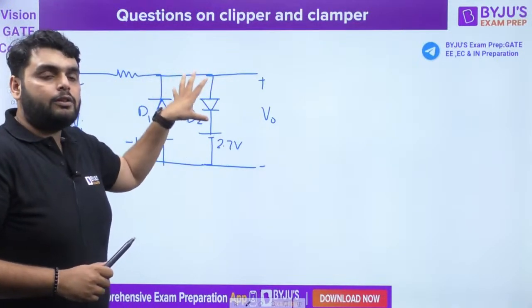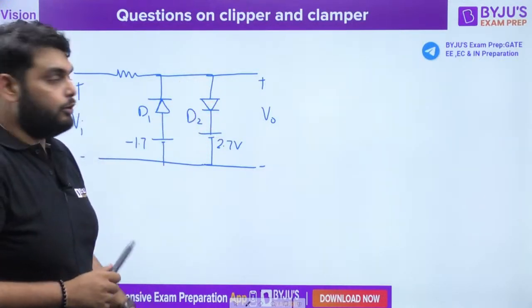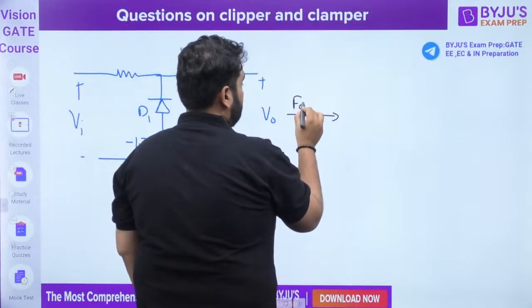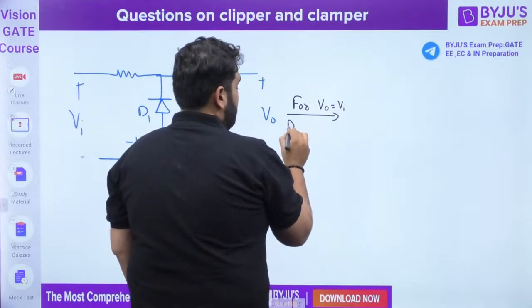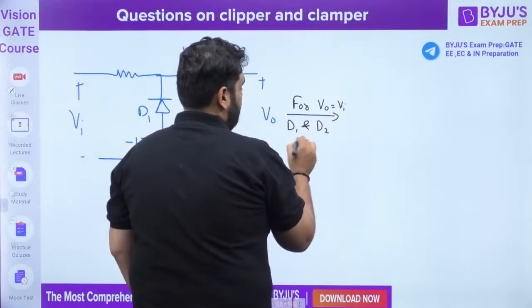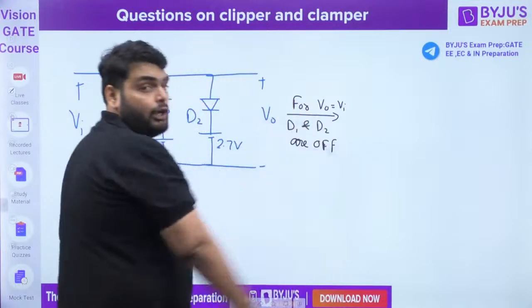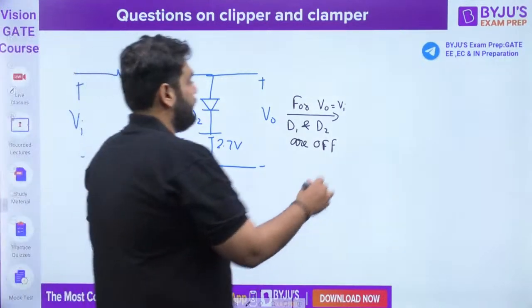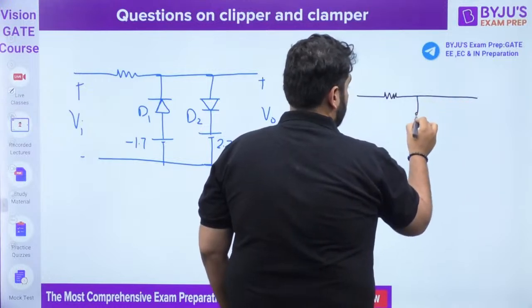When both diodes are off, the output voltage will be equal to the input voltage, right? So, for V0 equal to Vi, D1 and D2 are off. If D1 and D2 are off, the circuit will be like this.